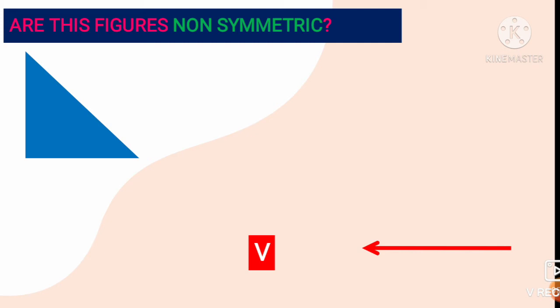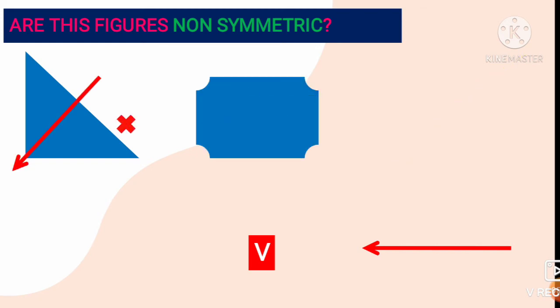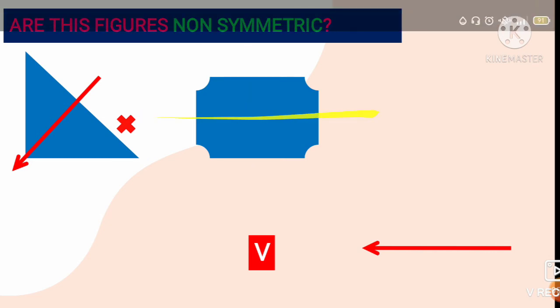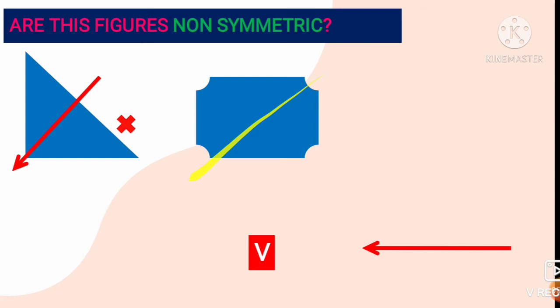Look at this. They ask for non-symmetric. Can we put the line of symmetry here? Yes, so it is symmetric. So the answer is no. Are these figures non-symmetric? Can we put it here? Yes. Here? Yes. Here? Yes. So it is definitely symmetric. So the answer is no.